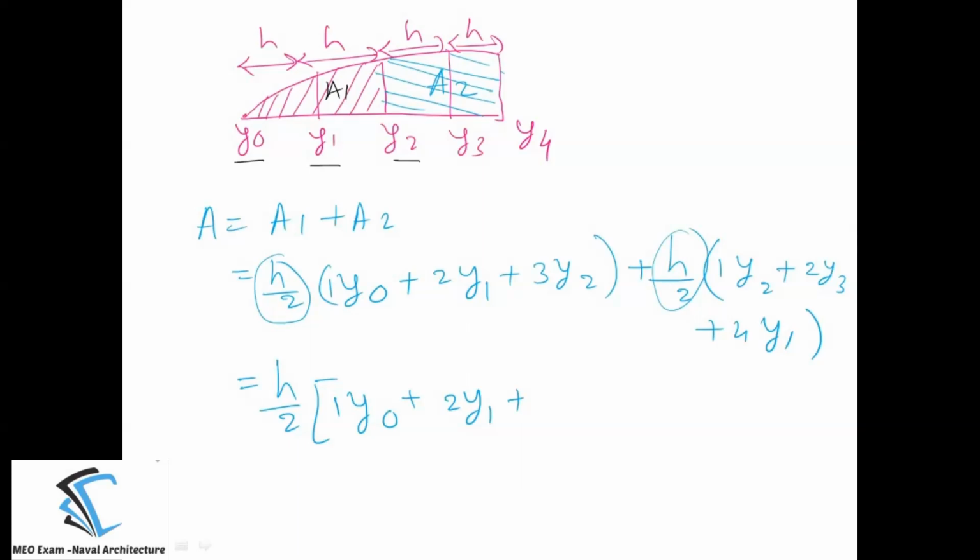There was a mistake here. This is a 1. Here also is a 1. Sorry for this. 1 y0 plus 2 y1 plus 1 y2 plus 1 y2 plus 2 y3 plus 1 y4.